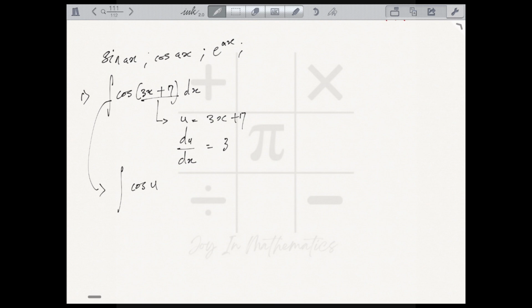If the variable we are integrating is u, then our differential must be du. Therefore, we have to make dx the subject of the formula. So dx is equal to du divided by 3.